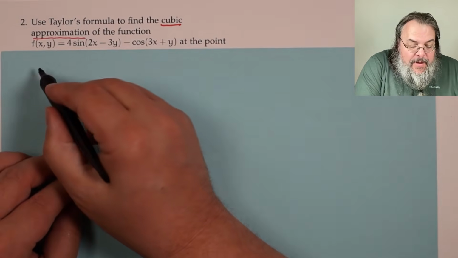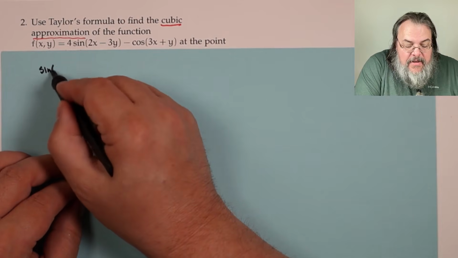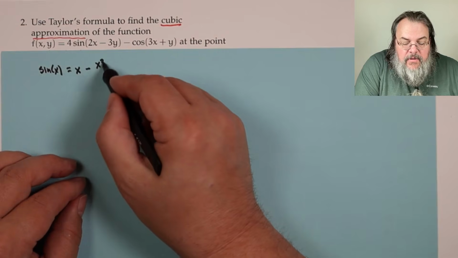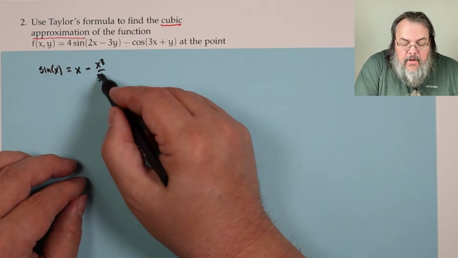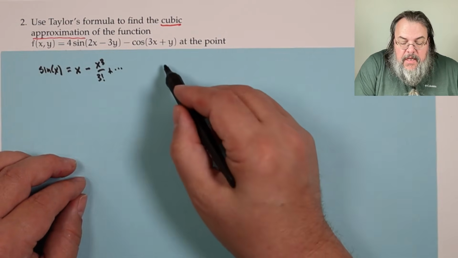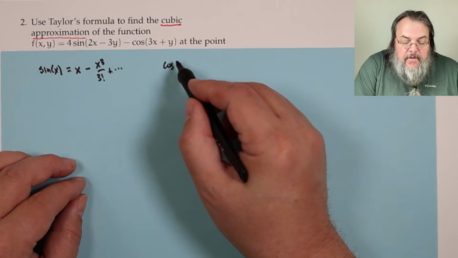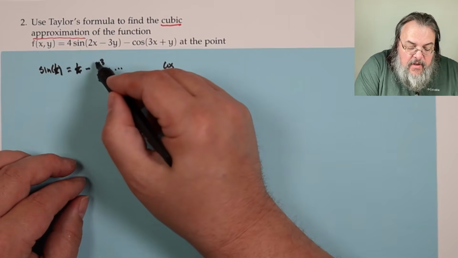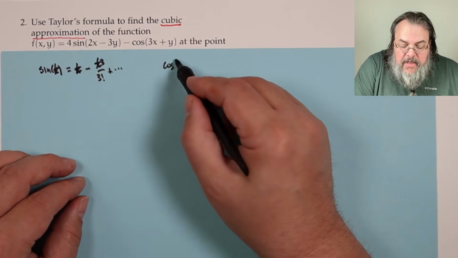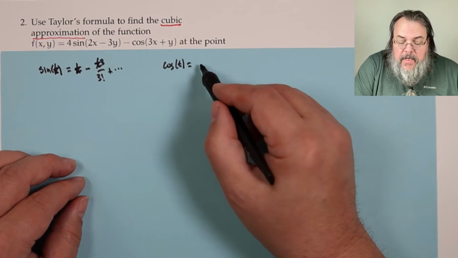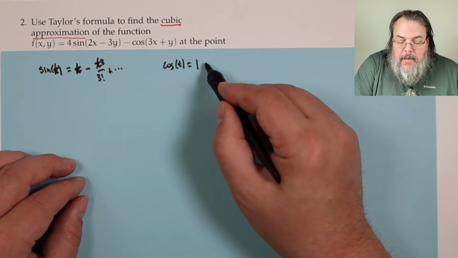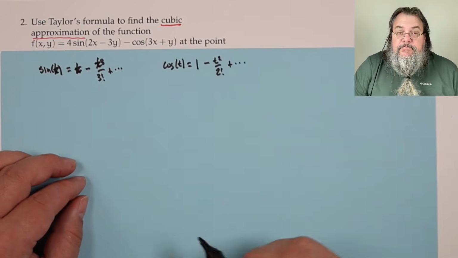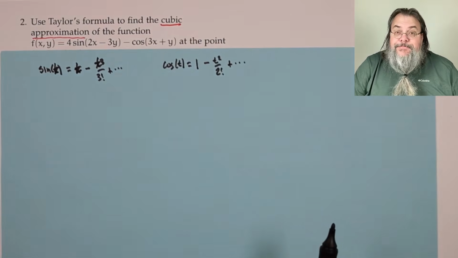One of the things you might remember is that sine of x looks like x minus x cubed over 3 factorial plus ... And cosine of, actually, let me not use x, I'm going to put t, cosine of t looks like 1 minus t squared over 2 factorial plus ... And the ... is higher order.